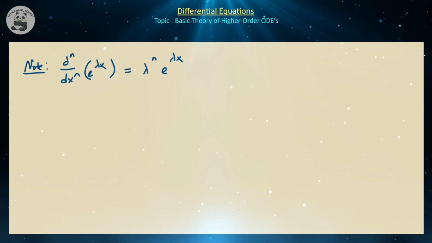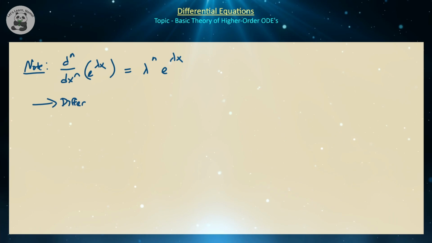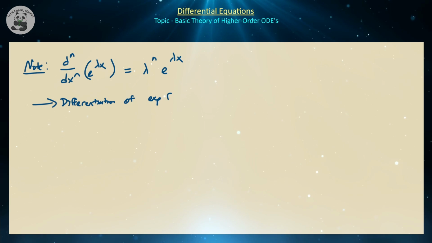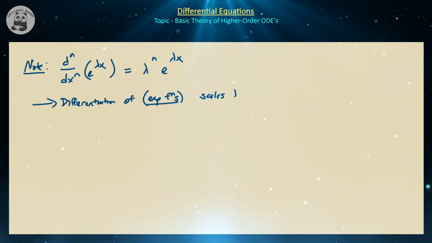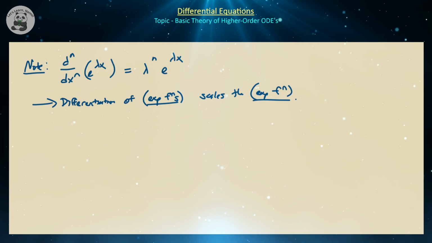Therefore, differentiation just scales exponential functions. Right? So differentiation of exponential functions scales the exponential function. So the more and more you differentiate an exponential function, the more and more it scales it by whatever the factor of the rate parameter is going to be.